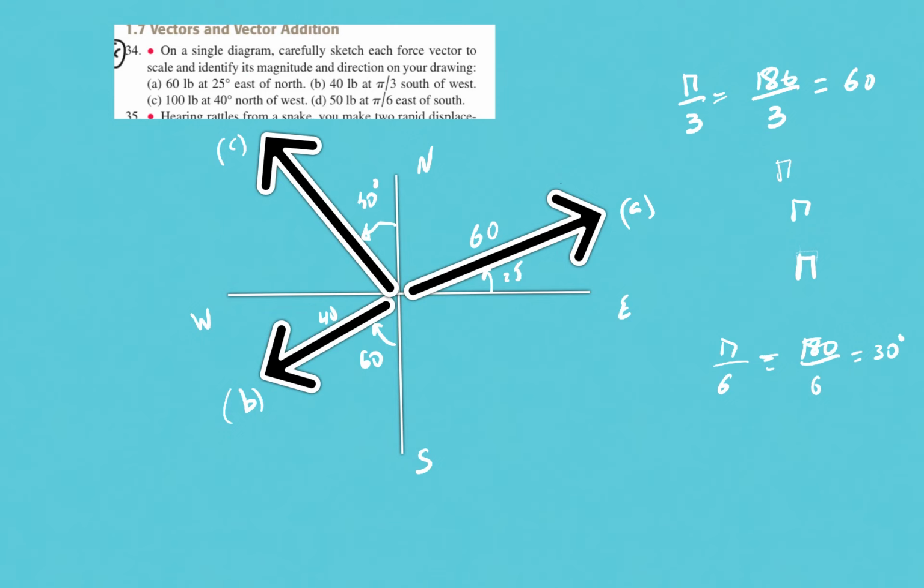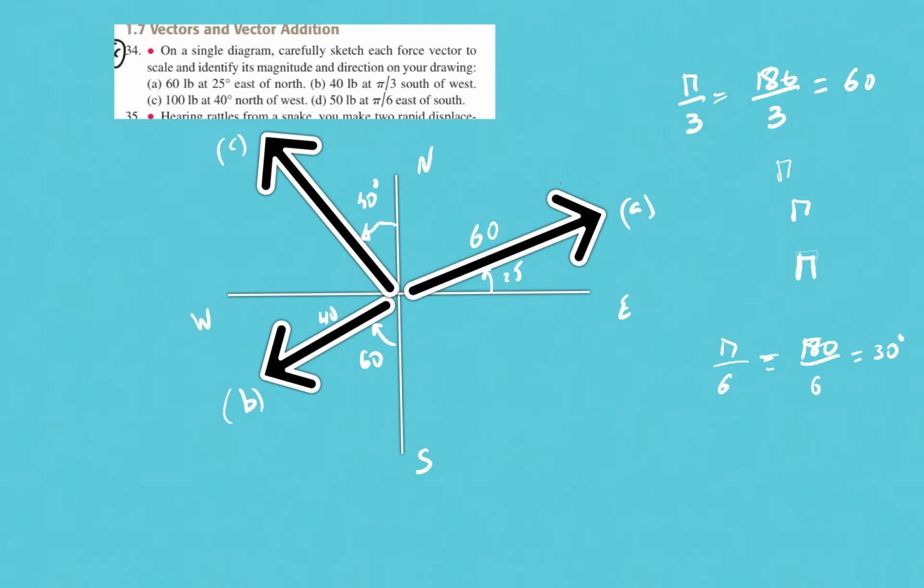I didn't make this diagram, but I'm sorry. It's 100 pounds, 40 degrees north of the west, so I interpret that this is 40. And what it says is to carefully sketch each force vector to scale and identify its magnitude.